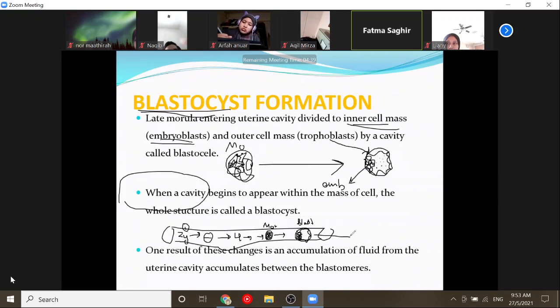So blastocyst will go down to the uterus. Within the uterus, the blastocyst will float around 3 days. During these 3 days, we have the hormone progesterone. This is not in the slide. While the blastocyst is floating inside the uterus, we need to prepare the uterine wall for implantation.